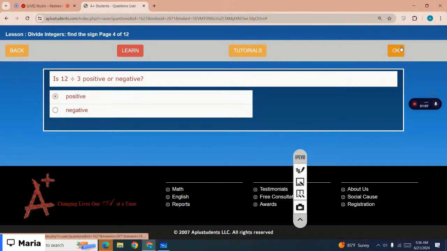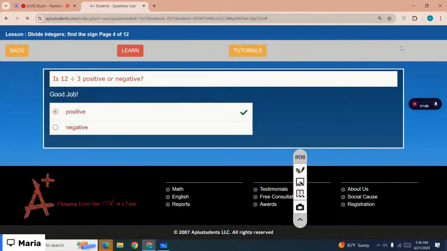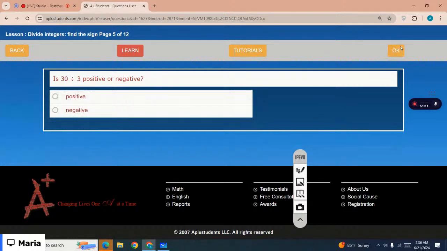The correct option is positive. Is 30 divided by 3 positive or negative?